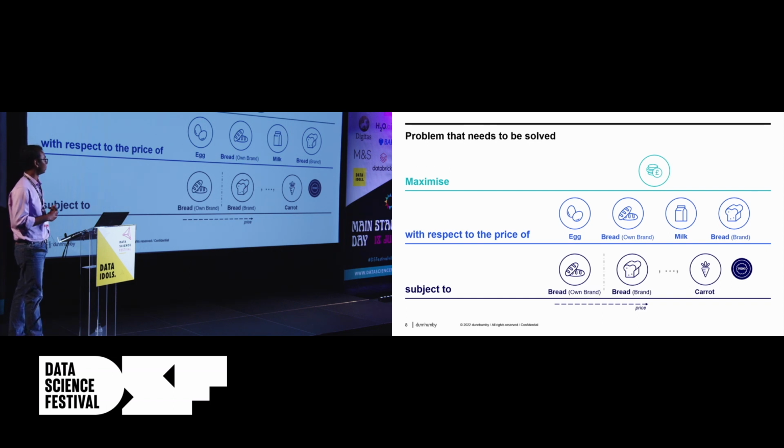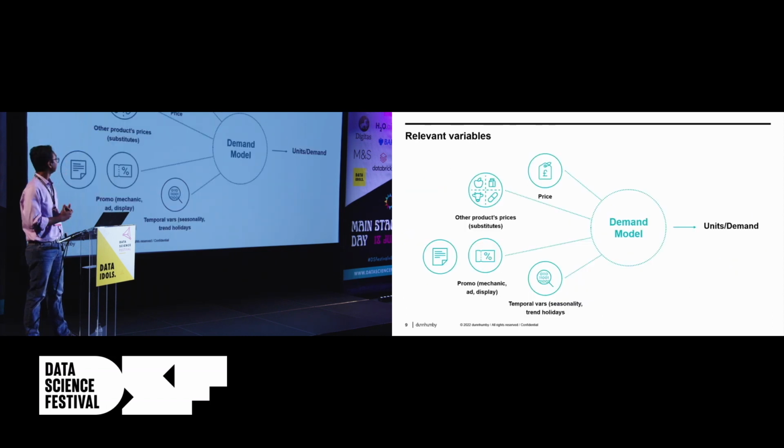We don't know how the total number of units changes when you change the price of these products. So we need something to predict the total unit sales based on price and other related variables, like promotions and time of the year, to attempt the optimization problem. So in the next slide, we'll talk more about how we can predict the units.